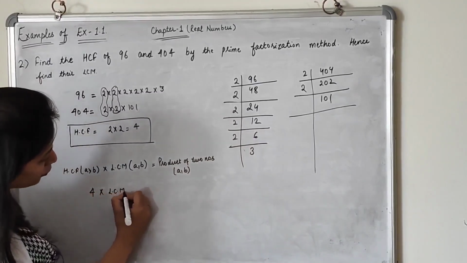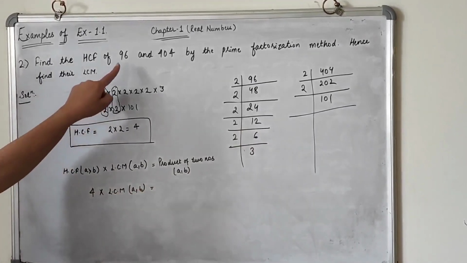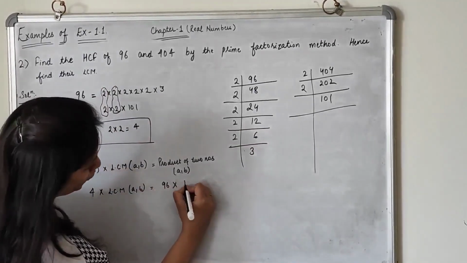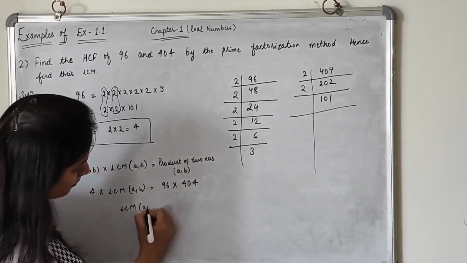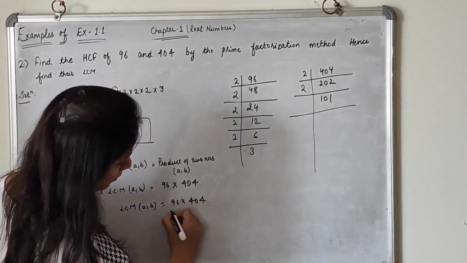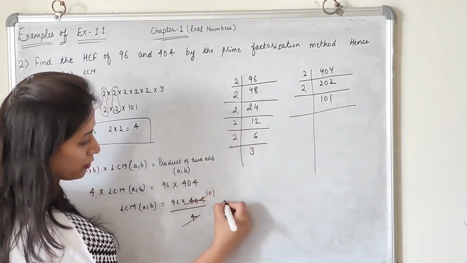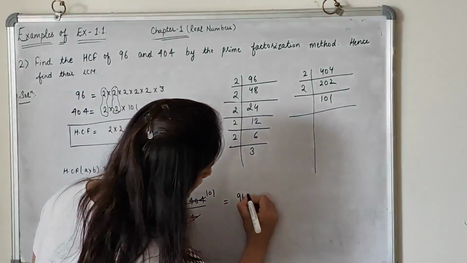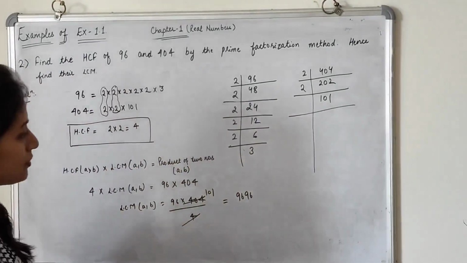And the LCM we need to find: the product of the two numbers given in the question, that is 96 into 404. So LCM will be 101 into 96, which is 9696. So the answer of this is 9696.